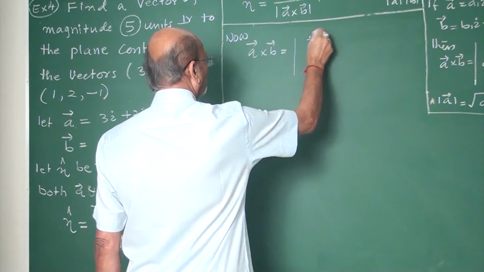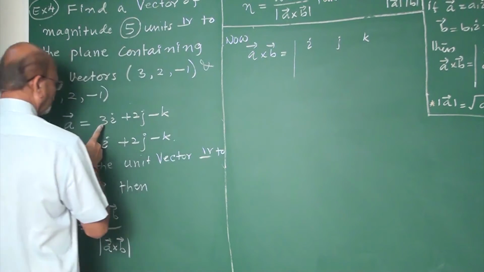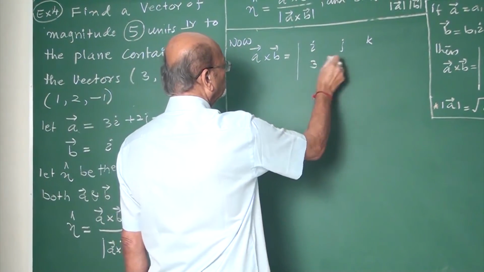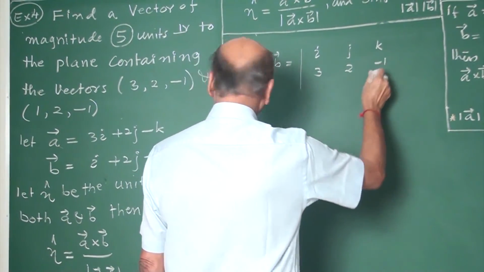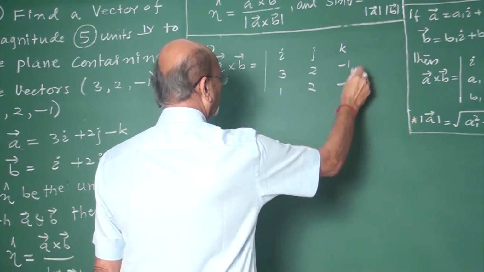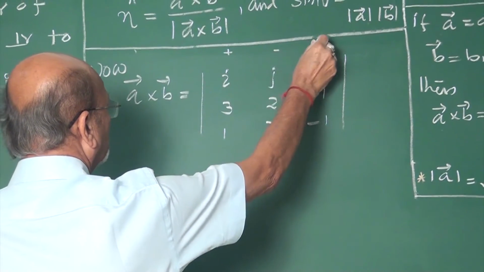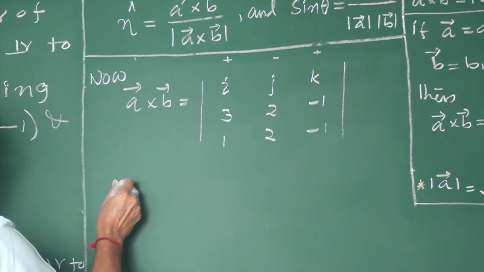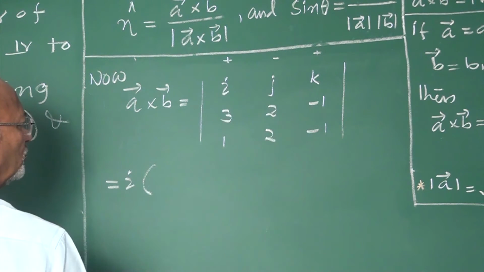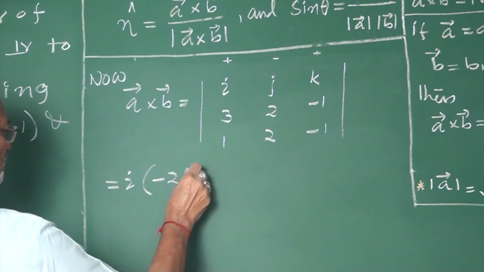A cross B is the determinant i, j, k. Components of vector A: 3, 2, minus 1. Second vector: 1, 2, minus 1. Evaluate this determinant with plus, minus, plus. This is i into, leaving the elements of the first row, first column, minus 2 plus 2.